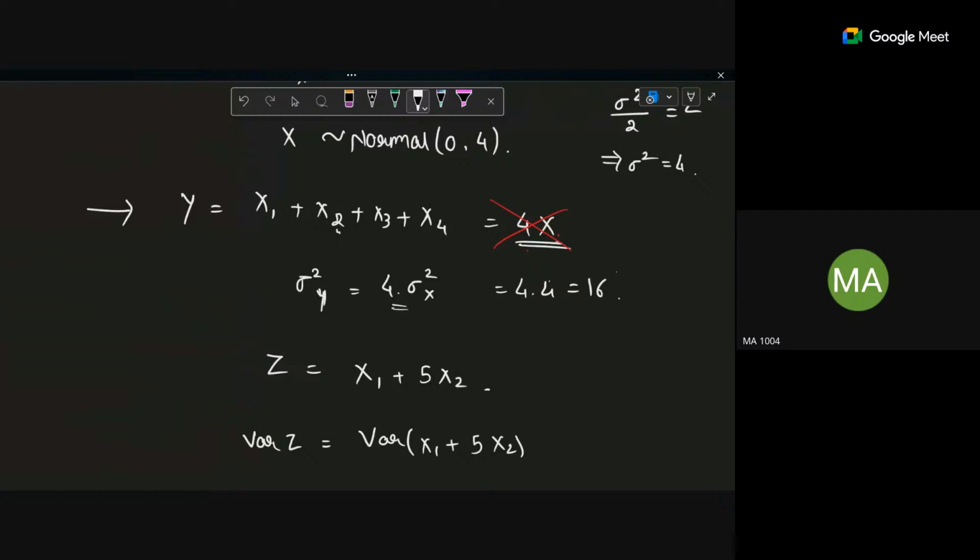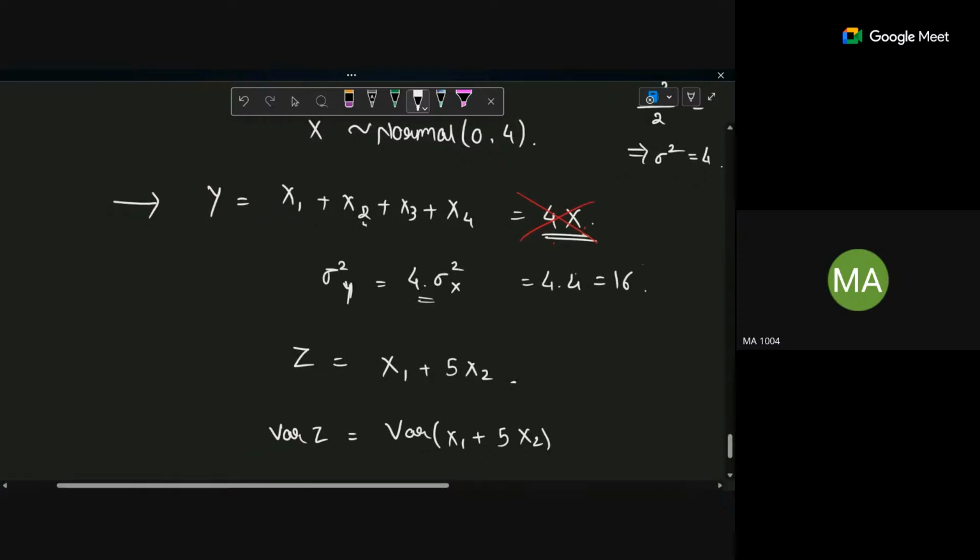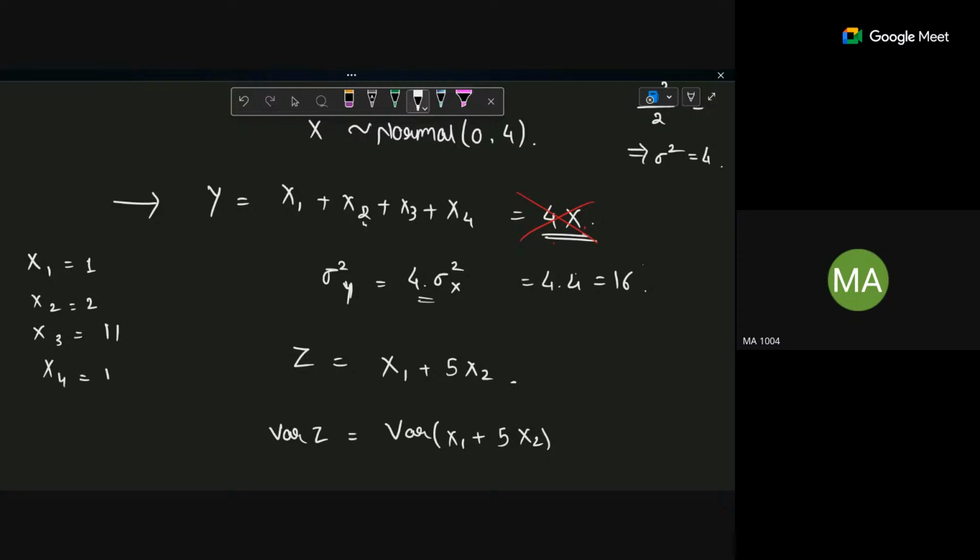See, these are random variables which are identically distributed, but still we can't take it as 4x. Why? Because at a particular moment, when the experiment was going on, it is possible that x1 is taking value 1, let's say, x2 is taking value 2, x3 is taking something else, 1 again, or 11, let's say, and x4 is taking value 15.